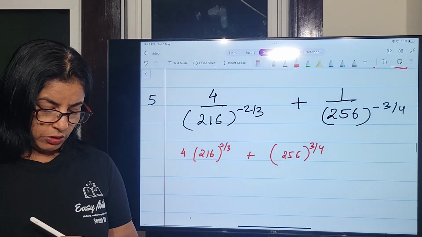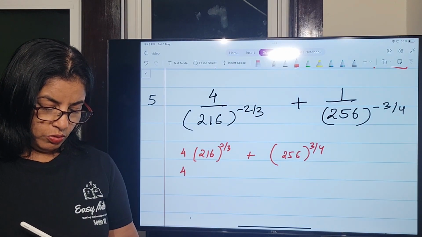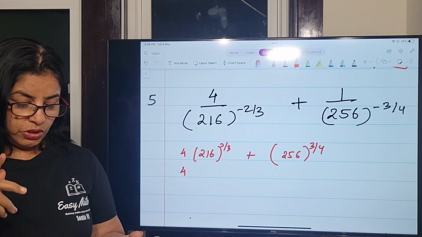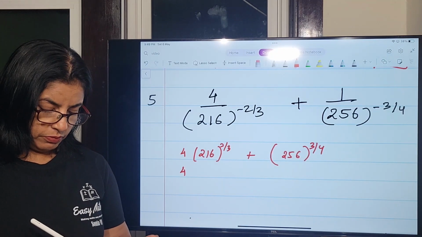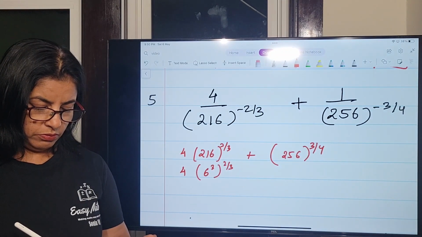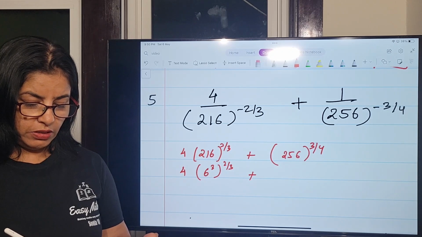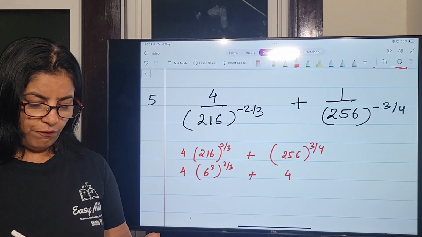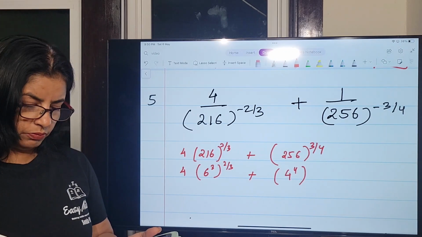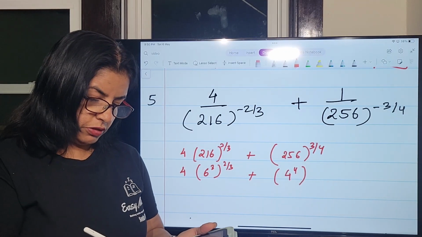We know 216 is what? 216 is 6 to the power 3. And 256 is 4 to the power 4, 16 into 16 is 256, to the power 3 by 4.